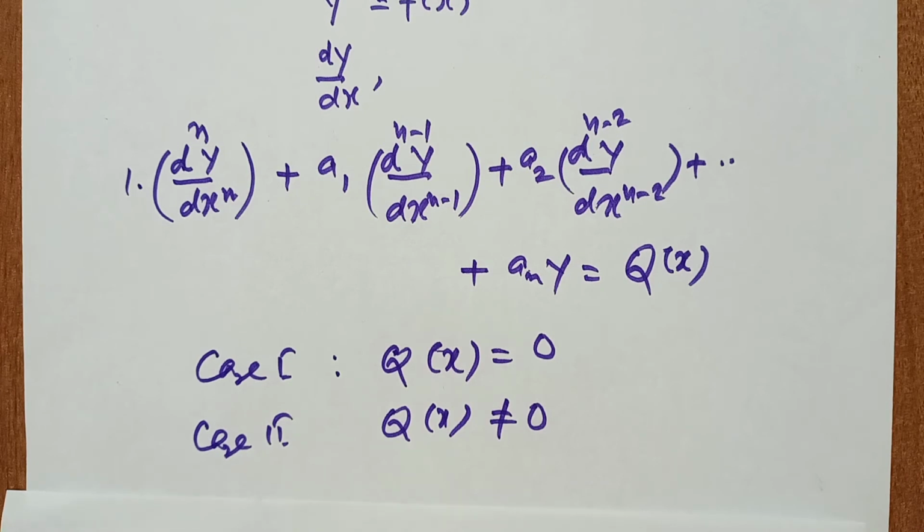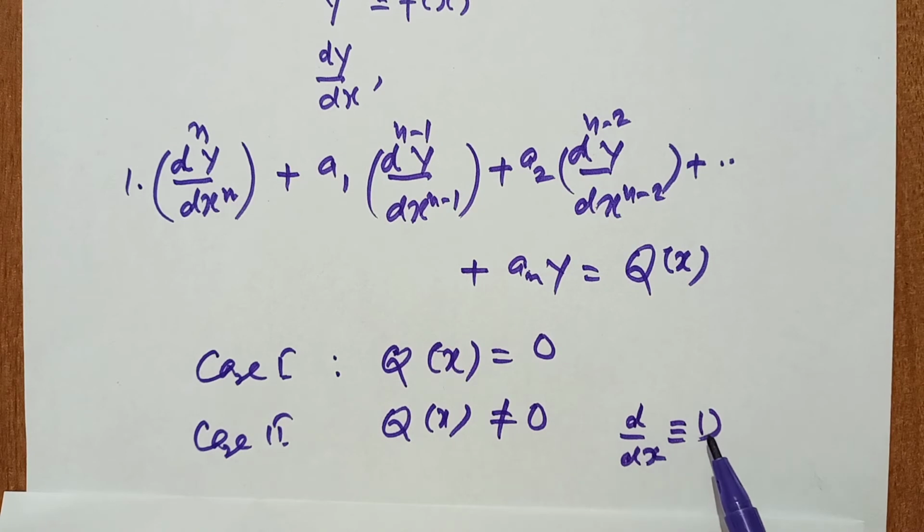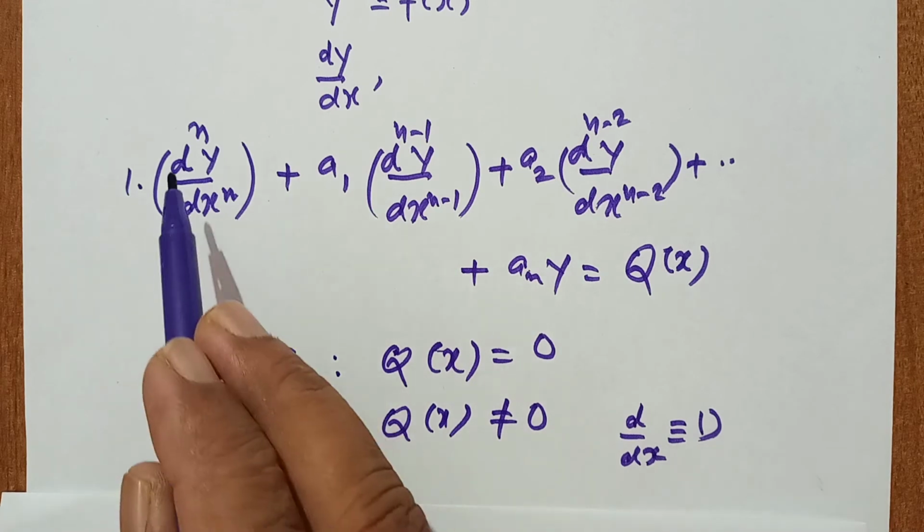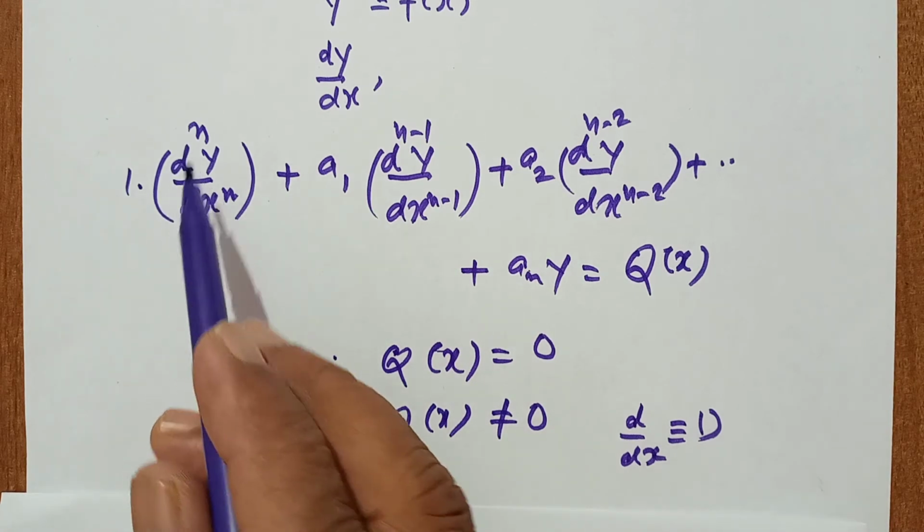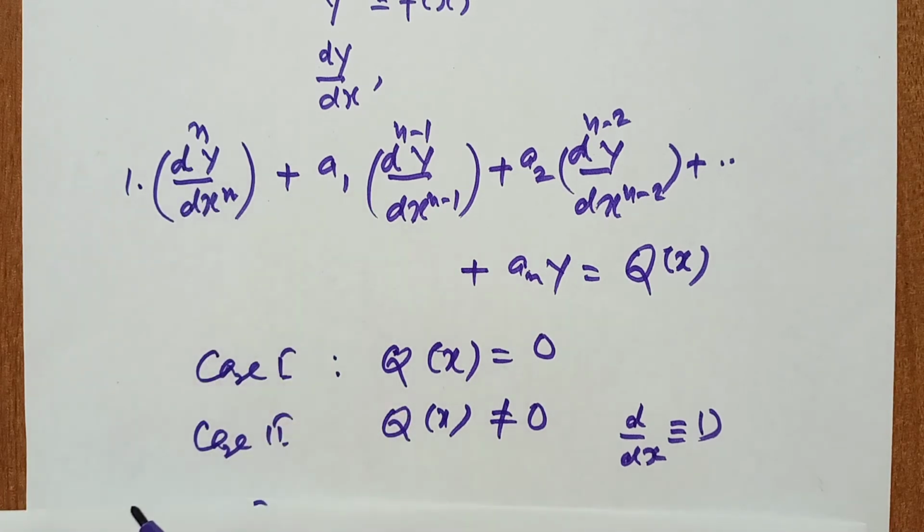Also, remember d over dx equals capital D, meaning the notation capital D is nothing but d over dx. So d^n upon dx^n can also be written as capital D^n. Okay, so in this chapter we will use capital D also.